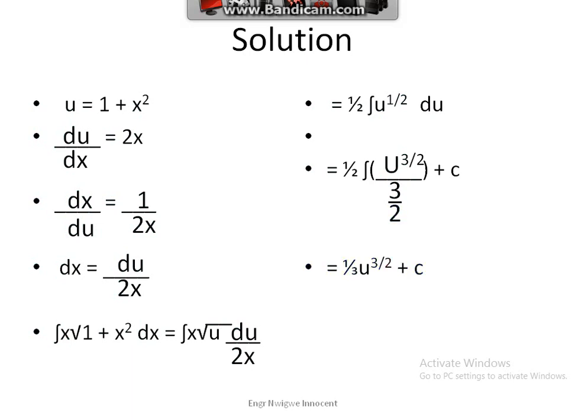Therefore, 1 over 3 u raised to the power 3 over 2 plus c. When you substitute the value of u, we now have 1 over 3 in bracket 1 plus x squared raised to the power 3 over 2 plus c.